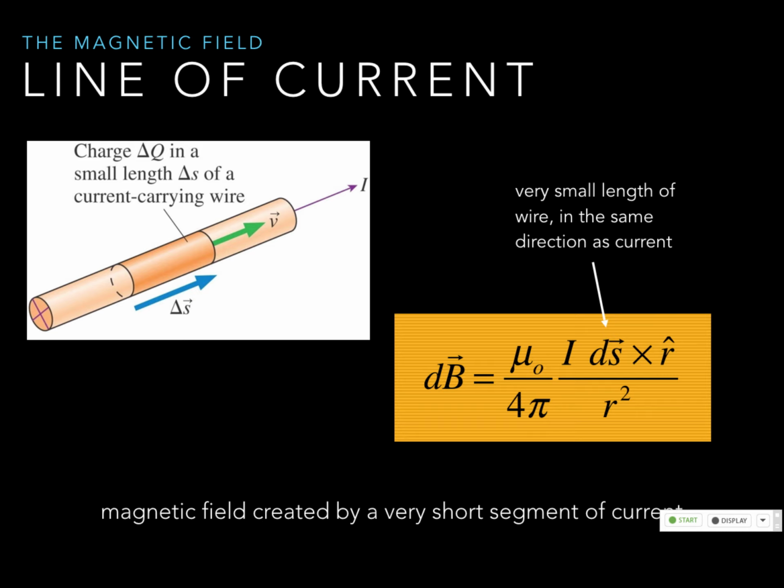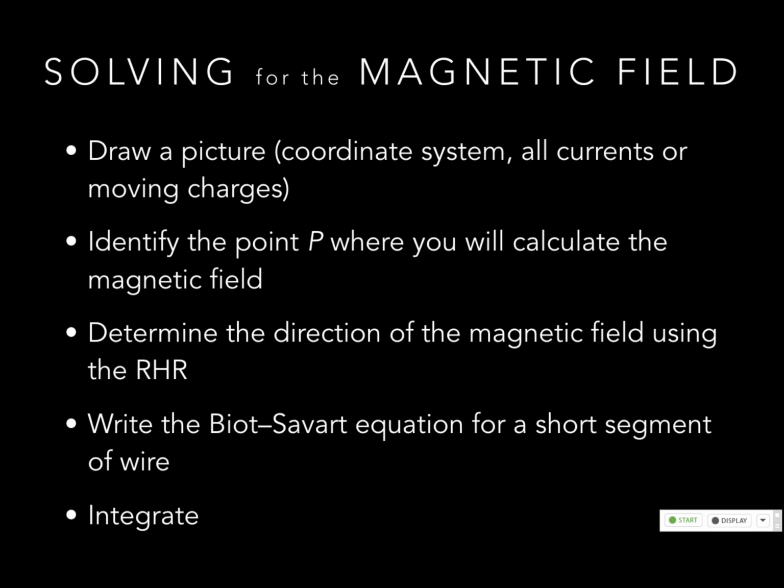Okay? So, yeah. Once again, we draw our picture. You need a coordinate system. You need all your currents and or moving charges. You want to identify where you want to calculate the magnetic field. Then you determine the direction using right-hand rule. You write the Biot-Savart equation, and you integrate. Okay? So remember all those integrals we did for electric field, all those integrals we did for electric potential.